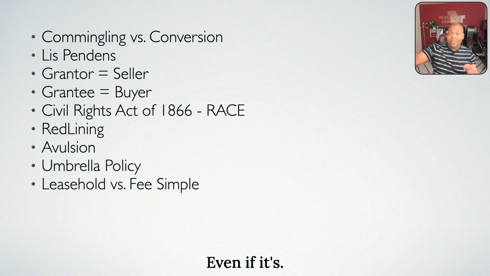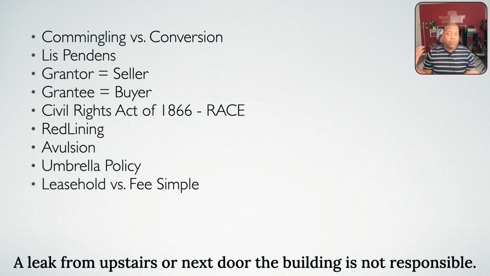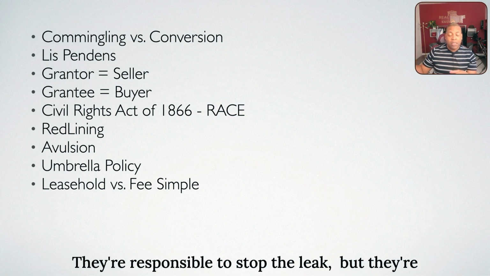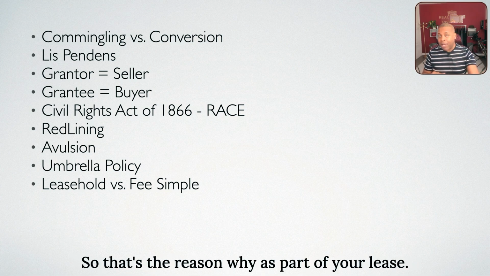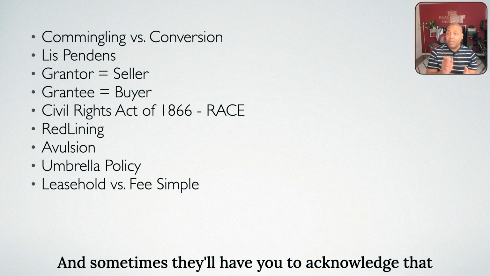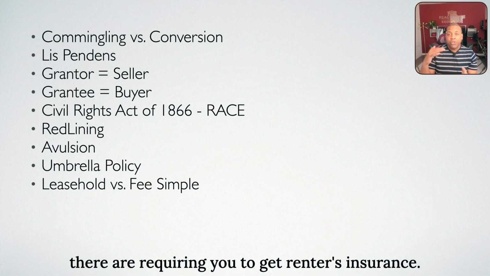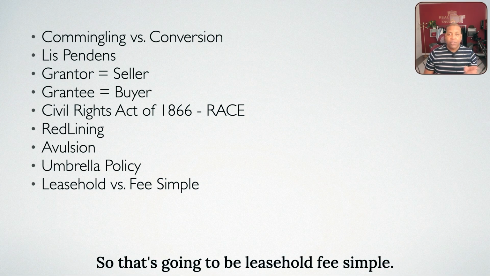Even if it's a leak from upstairs or next door, the building is not responsible. They're responsible to stop the leak, right? But they're not responsible to replace your personal items. So that's the reason why, as part of your lease, and sometimes I have you acknowledge that they are requiring you to get renter's insurance. So that's going to be leasehold.